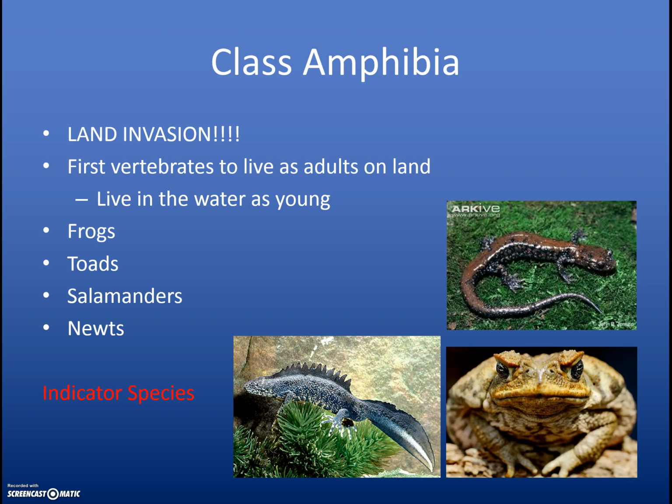Now, it is important to know that amphibians are what we call indicator species. This word right here in red, indicator species. What this means is that they help us to determine the pollution of a body of water. For example, if frogs die off, or if they have mutations like, for instance, 2 heads or 2 tails, that of course we would see in the tadpoles, then that means that the pond in which they live has pollutants.